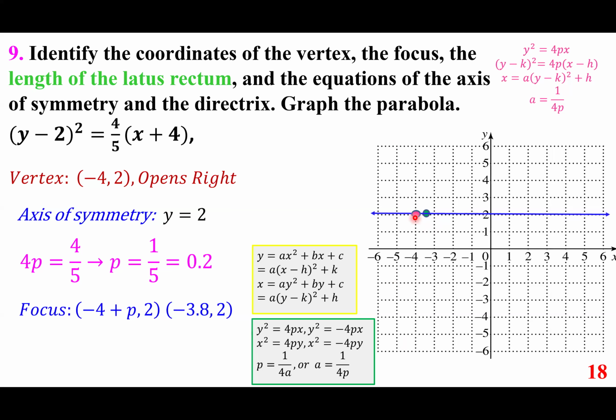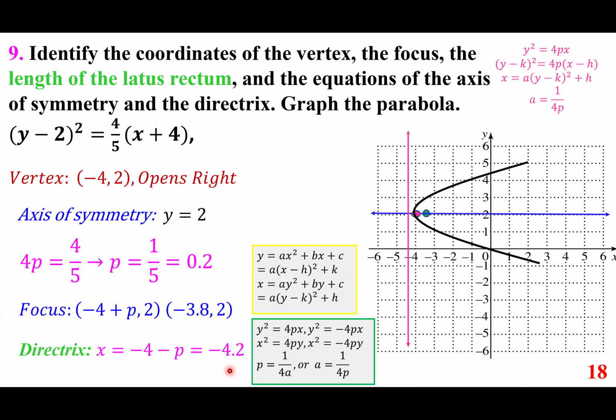So go p units to the left of the vertex. The vertex is located at (-4, 2), so the x coordinate is -4, and we subtract p because we go to the left. So -4 minus p makes it -4.2. And that is the directrix. And this is the graph.